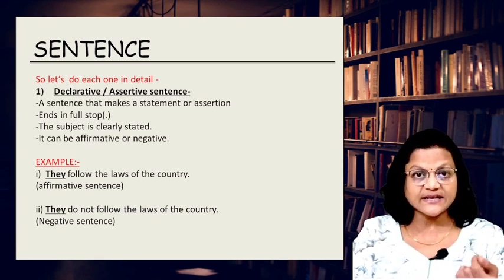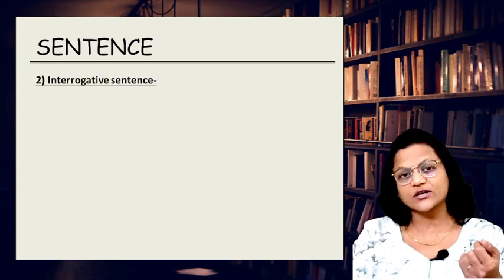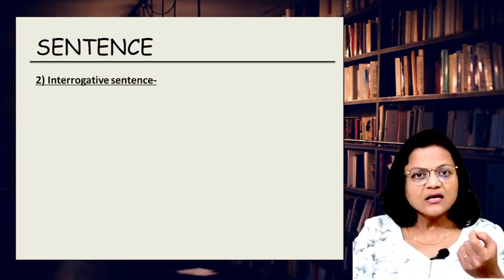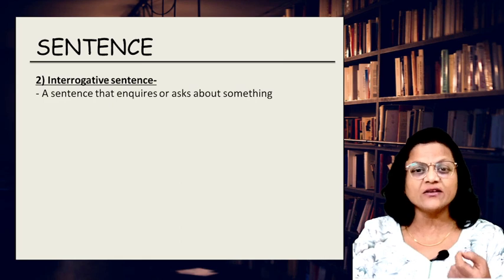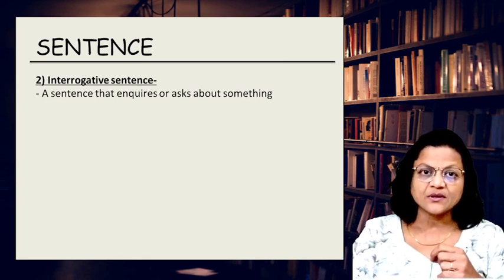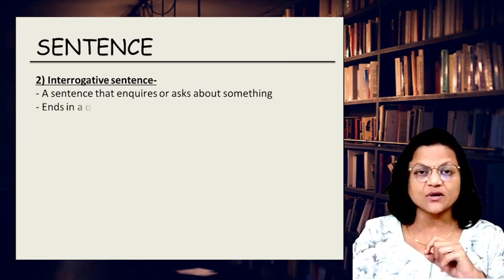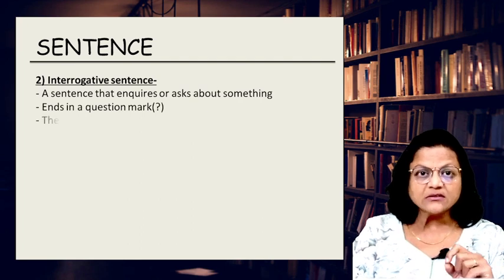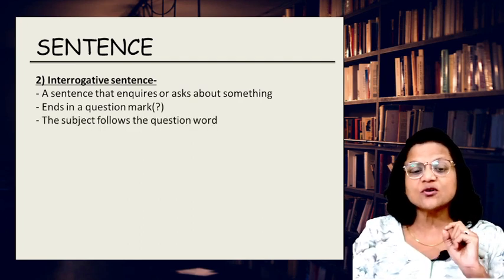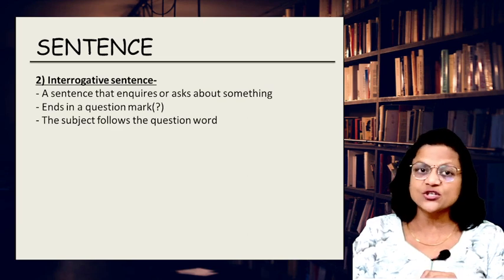Let's come to the second type of sentence now, interrogative sentence. A sentence in which we inquire or ask about something. They will always end in a question mark. Here, the subject will always follow the question word.